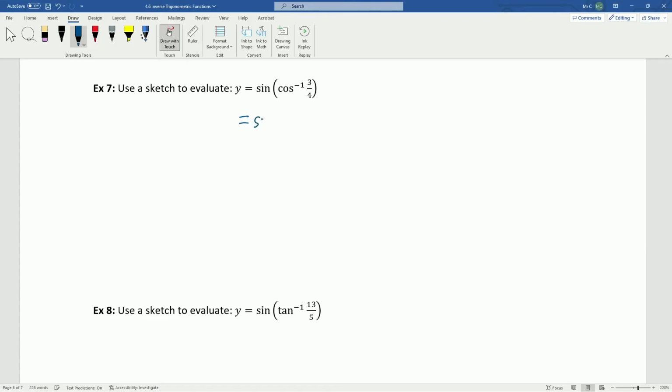And what I should think about is I'm really asking what's sine of some angle theta. All right, that's really what I want to know. So what is sine of theta? But theta is cosine inverse of 3/4, which means that cosine of theta is 3/4, where theta is between 0 and pi.